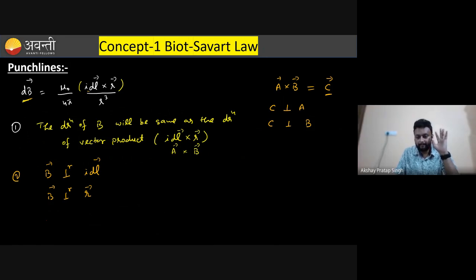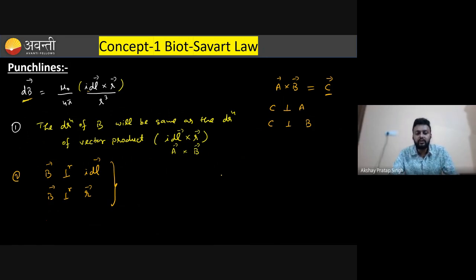Clear to everyone? Okay. So what are the two punchlines? How to get the direction, and the other punchline: that magnetic field is perpendicular to both the current element and the position vector.